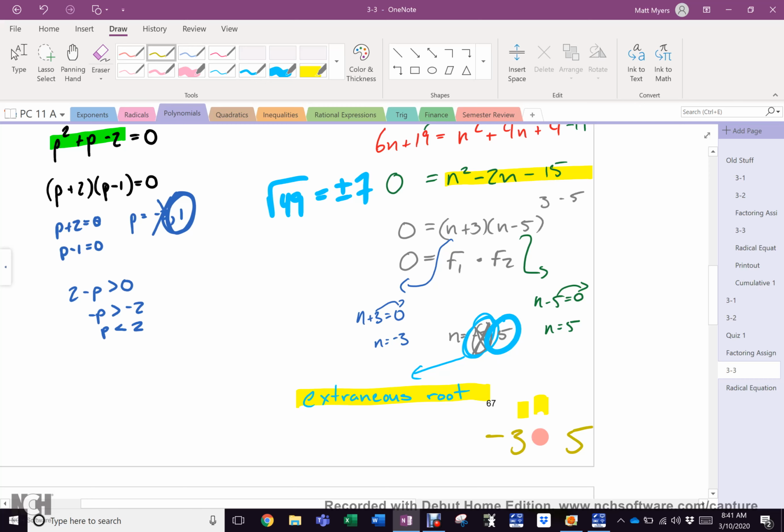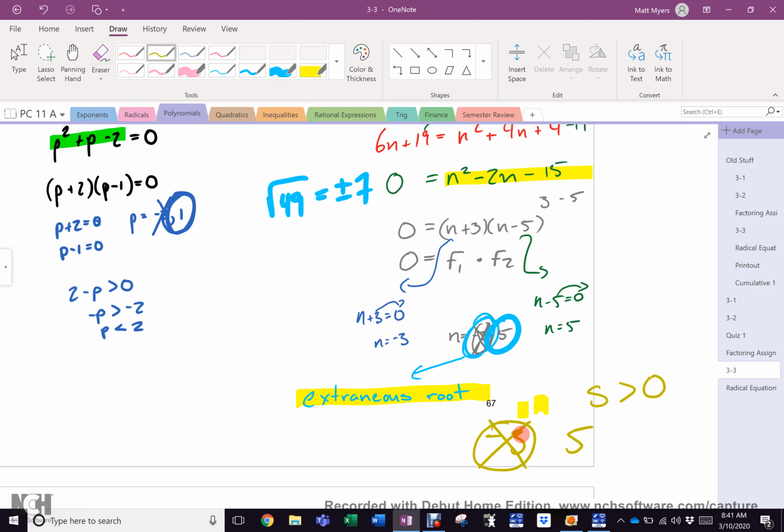Is one of those an impossible speed? Which one? Negative 3. You can't have negative speed. So even though they both work in the equation, this one can't be, because speed would have to be greater than 0. So while this is not an extraneous root, it is a restricted root.